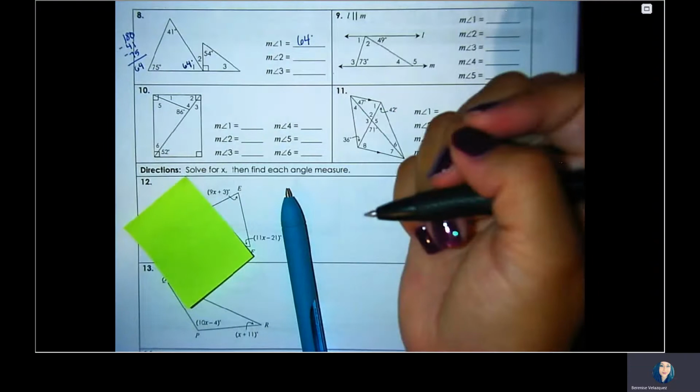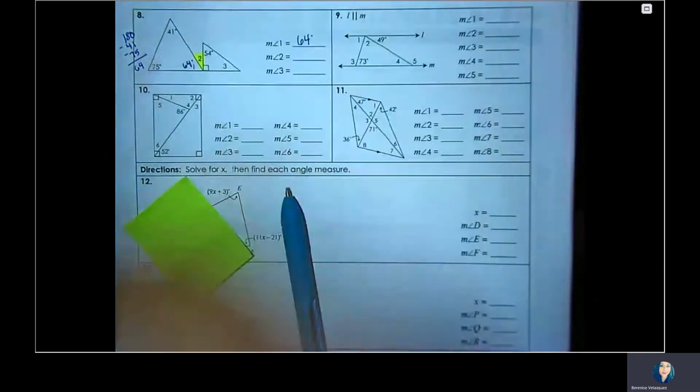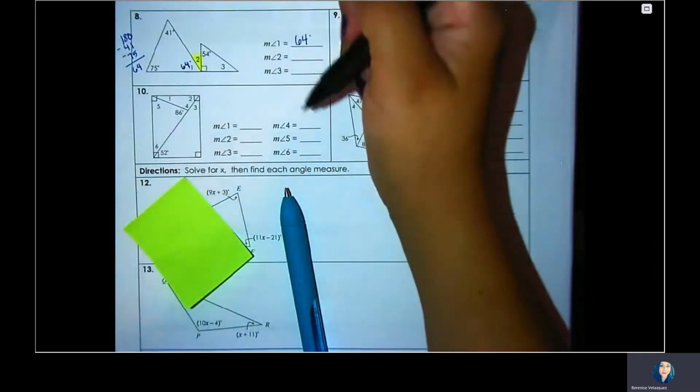Okay, so I'm going to remove this piece here. And I'm going to put 64 in angle 1 spot. Okay, now angle 2 is a little bit tricky. I'll kind of highlight angle 2. It's in between the two angles that are in the triangle. It's not actually part of a triangle, but hopefully you can tell that these three pieces make a straight line.